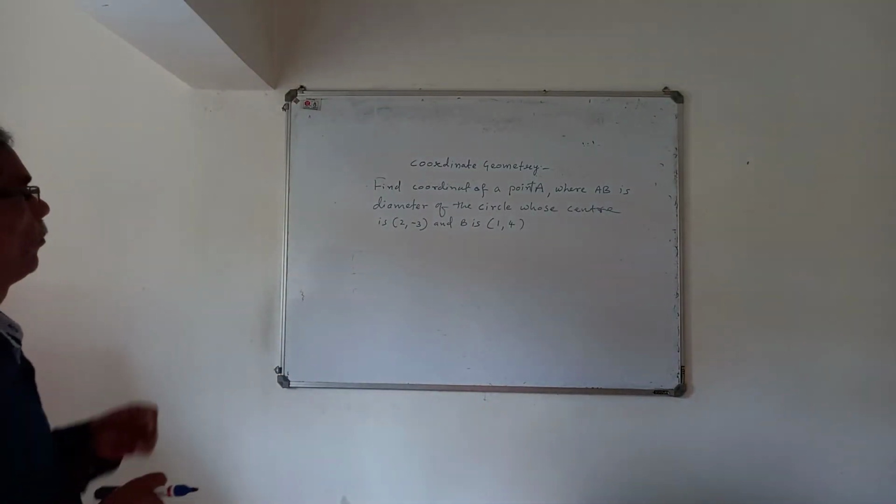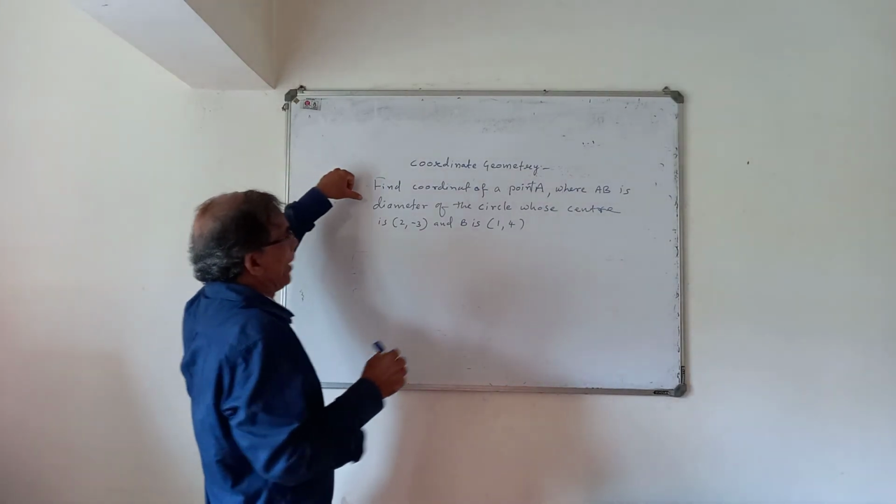Now listen here, find coordinate of point A, where AB is diameter of the circle.